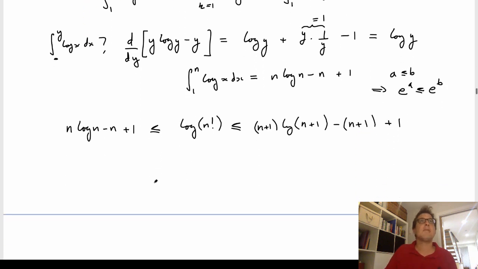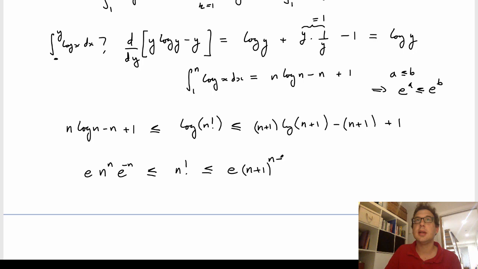So what I get when I apply the exponentials is n to the power of n, e to the minus n is less than or equal to n factorial, which is less than n plus 1 to the power of n plus 1, e to the minus n plus 1.